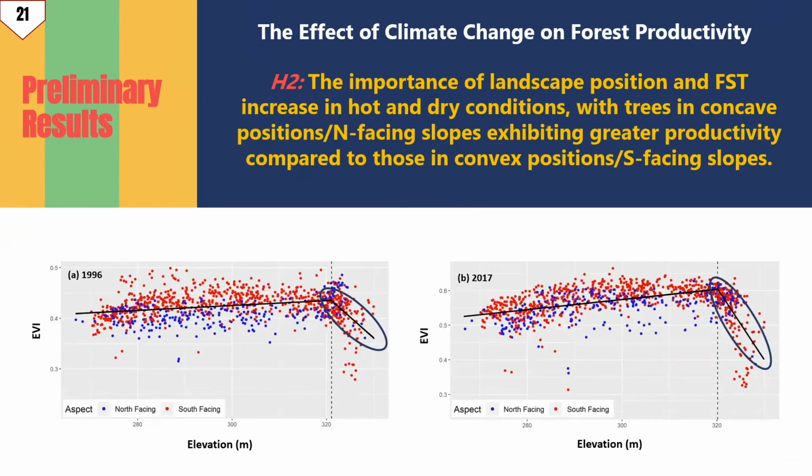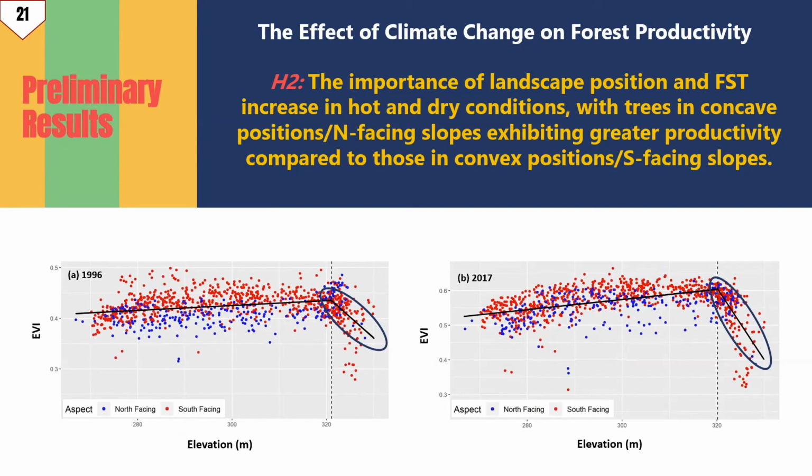To begin testing the second hypothesis, we selected the same years as we did to test the first hypothesis in order to investigate the degree to which the importance of fine-scale topography and landscape positions change as environmental conditions turn to a hot and dry climate.